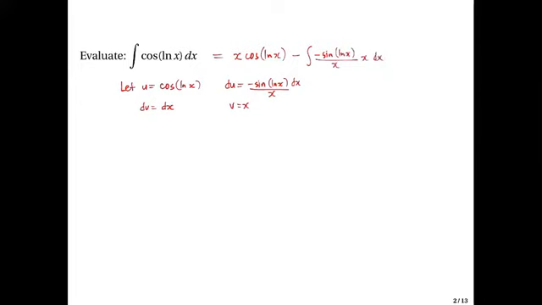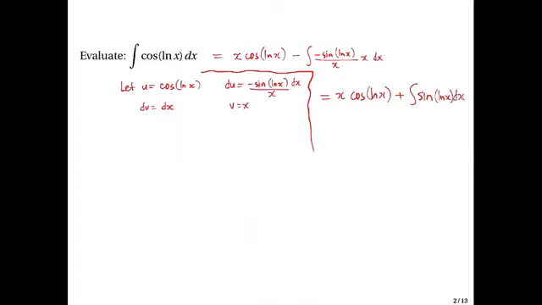And notice that this guy here we can simplify. We can cancel the x and x here. And then of course we have minus and minus, so we'll just have plus. So this becomes x cosine of ln of x plus the integral of sine of ln of x dx.